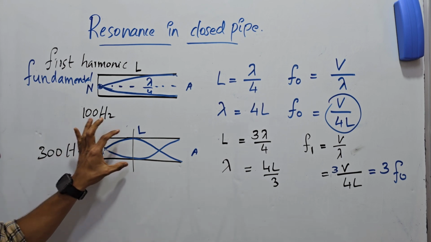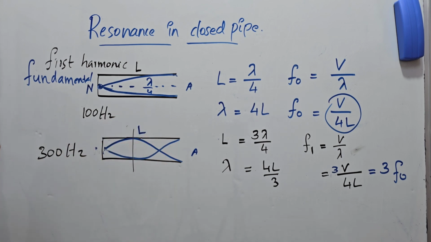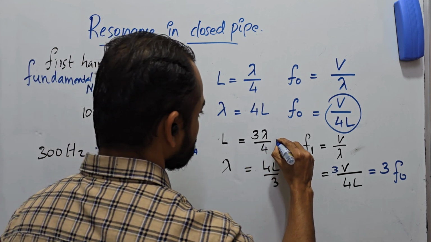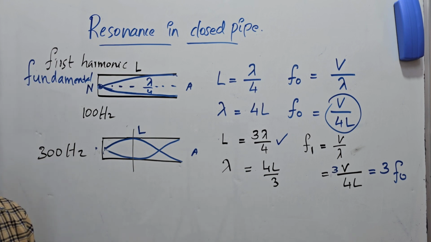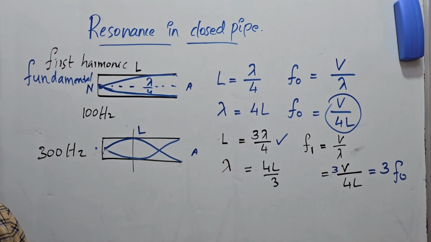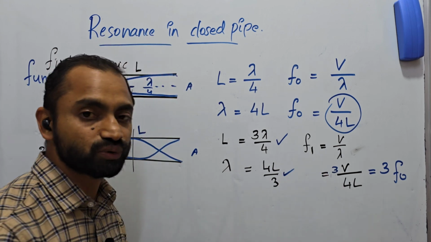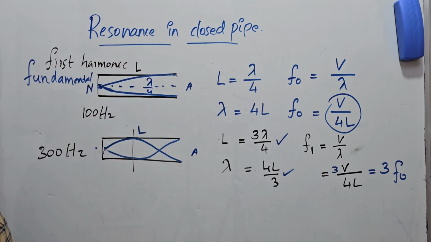Okay, from here, this step is clear, right? This step, length is equal to 3 lambda by 4, is clear, right? Okay, so lambda is equal to 4L over 3, correct? Then what did I write? I wrote the frequency. What will be the frequency of this sound?